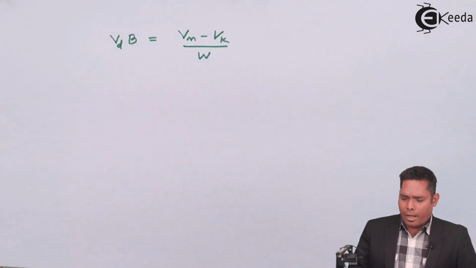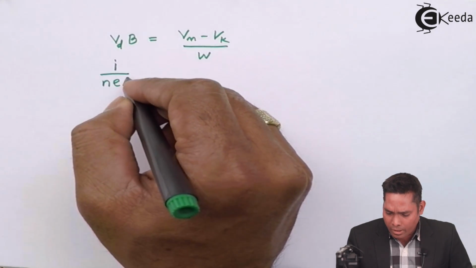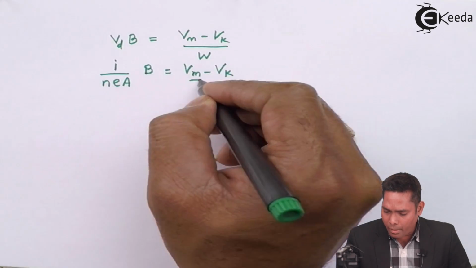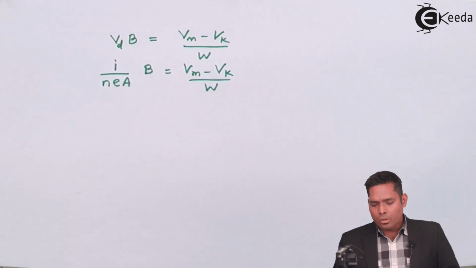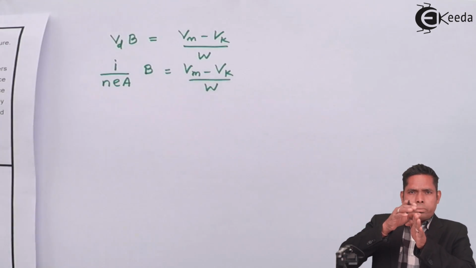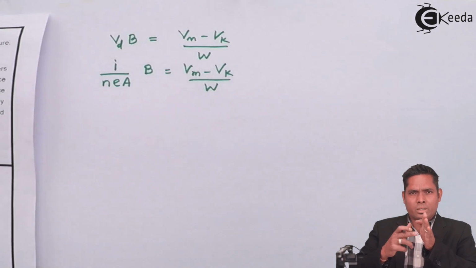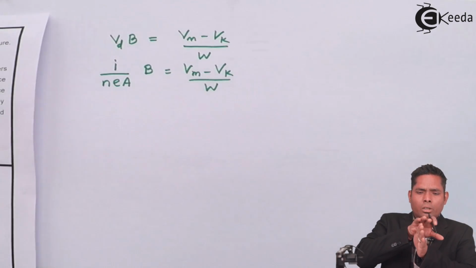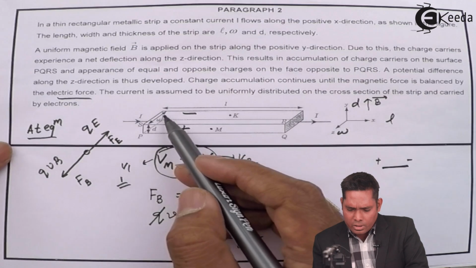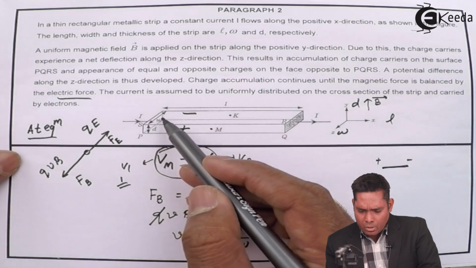Now vd is I divided by nEA, where A is the area of cross section of the conductor through which the current is flowing, and vB equals Vm minus Vk divided by W. The current is flowing through this cross section area, which has this depth and this width.